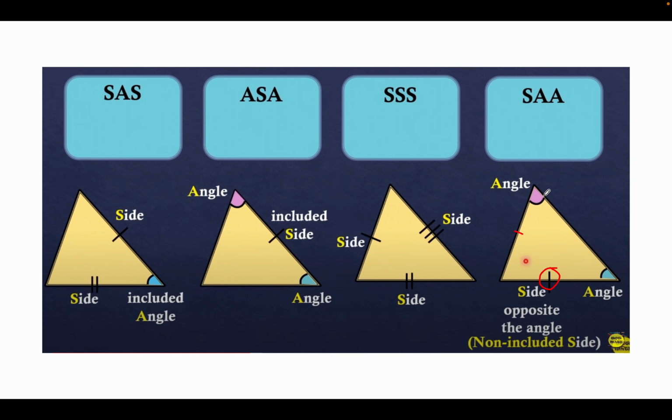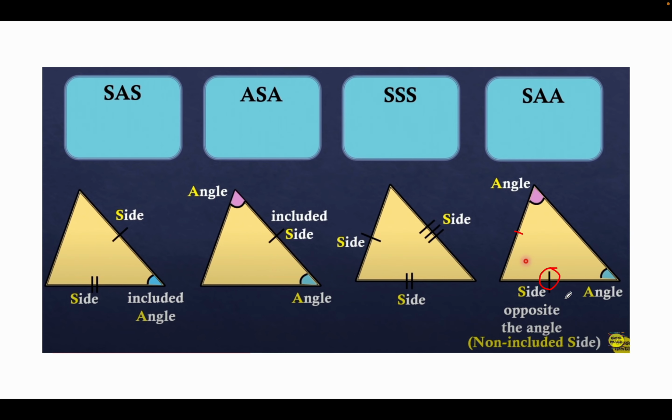So if we have two angles and a non-included side congruent to another two angles and non-included side of a triangle, therefore, the two triangles are congruent by the SSA congruence postulate. Are you following? Naiintindihan? Yes.